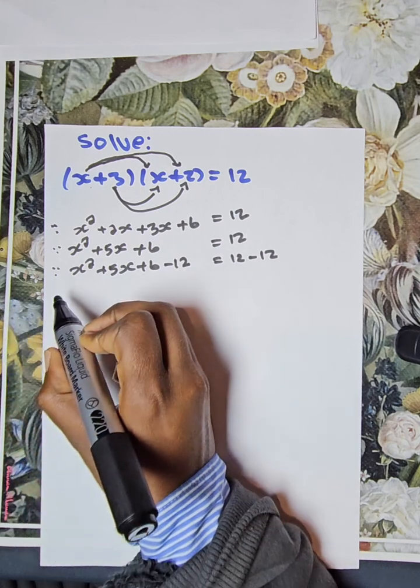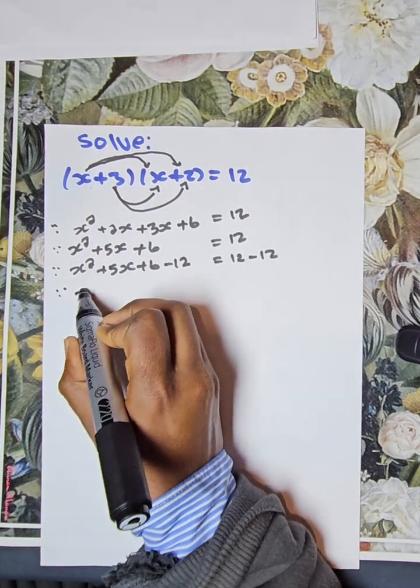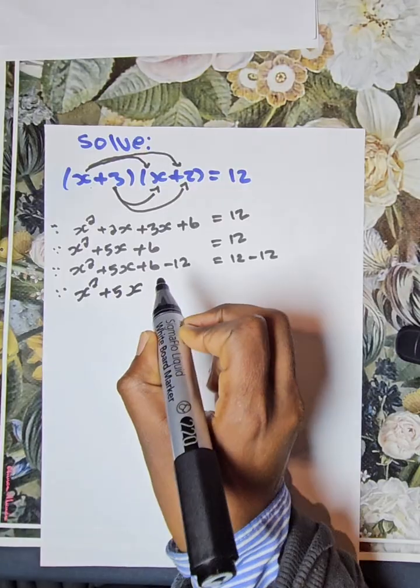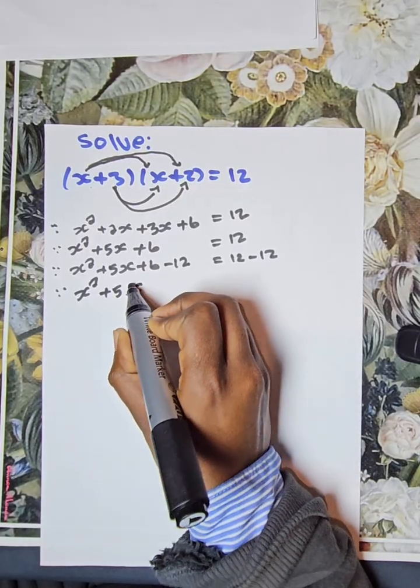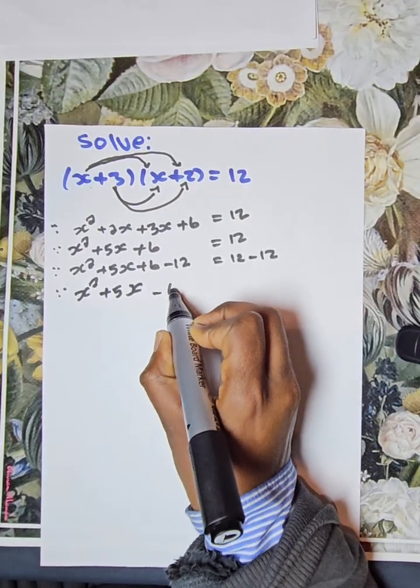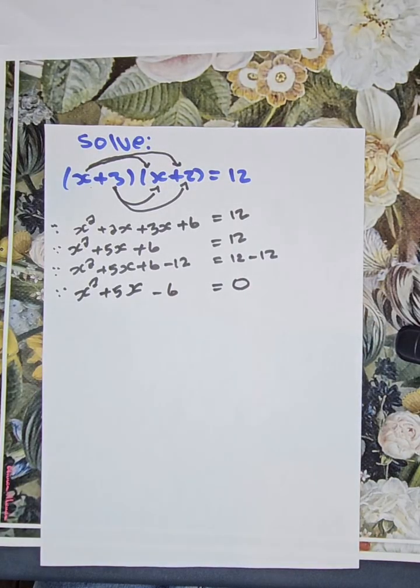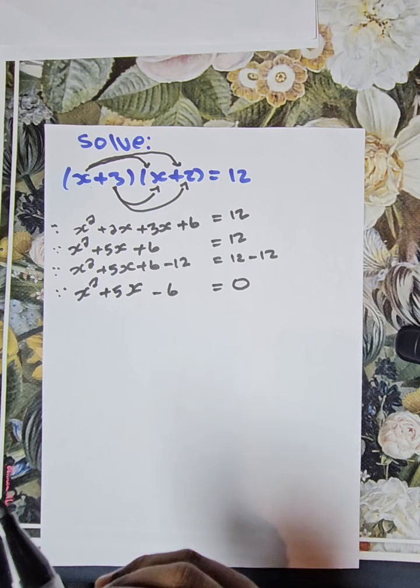This simplifies to x squared plus 5x minus 6 equal to 0. Now we have a quadratic equation in standard form, and our aim is to solve for x.